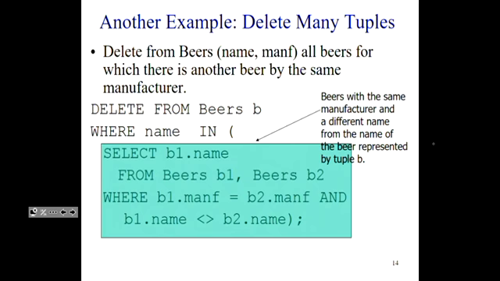The subquery is selecting all of the beers such that there is another beer by the same manufacturer which has a different name, correct? So good so far? Okay, that's fine. And I want to delete from beers all of those beers that satisfy this condition. So I don't need this B.